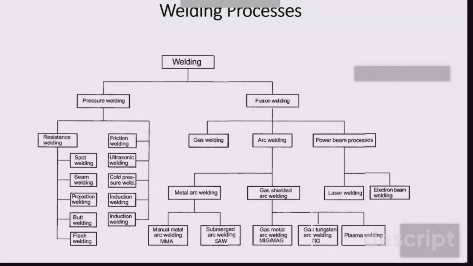So in order to overcome this problem, we use coated electrodes, which are covered with the help of a flux. The flux is a special material which has ingredients like silicates and some cellulose. When the ingredients of the flux come in contact with the arc, they burn and liberate a certain amount of gases, which cause a protective environment around the weld pool or the arcing zone.